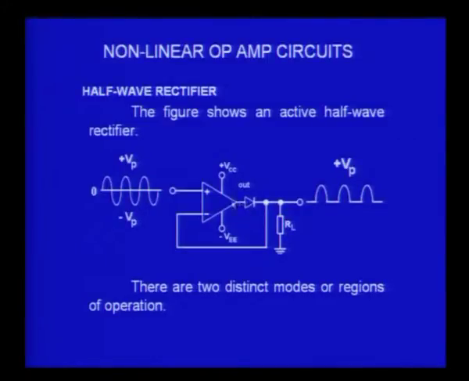When the diode becomes forward biased, there is a closed loop here, and therefore as long as the input is going positive, the output also is going positive, and it will be multiplied by 10^5, and therefore it will be a very large voltage, and therefore it will forward bias the diode.